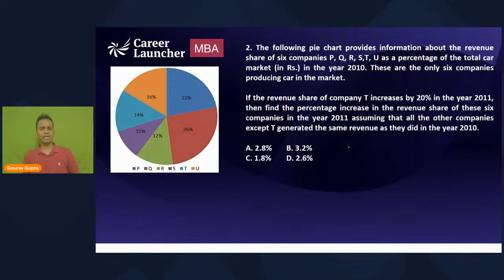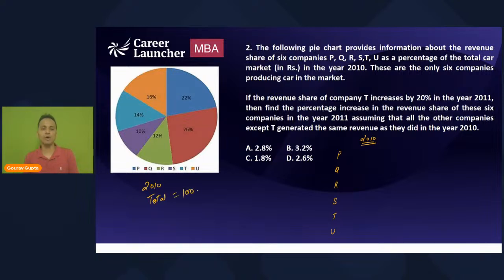Now the basic way of answering this question is I'll write all the 6 companies starting from P. So P, Q, R, S, T, and U. I'll write their sales in 2010.